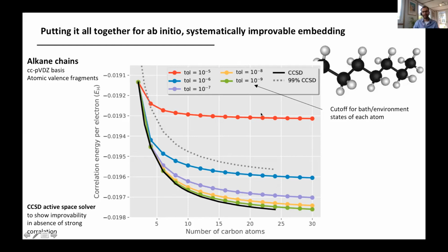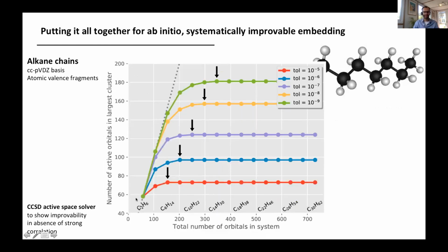This holds up to the point where canonical coupled cluster conks out because it's reached its limit, and we can go beyond that because these are only local-sized active spaces. As we grow our alkane chains, the maximum active space size gets saturated quite quickly. It obviously grows as you increase the cutoff, but it then doesn't depend on the overall system size.